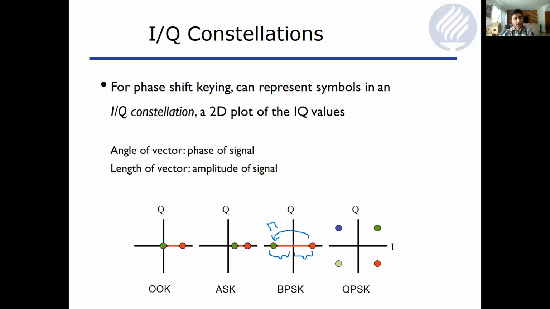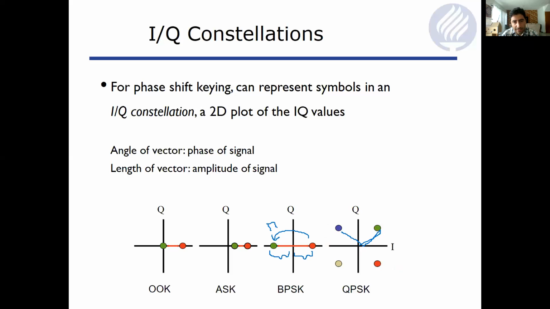And for quadrature phase shift keying, we have the same thing. We have the same amplitude. As you can see, if you draw these arrows, the length of all four arrows is equal. But what is changing for each signal is the phase. For example, this signal has a phase of pi over 4.